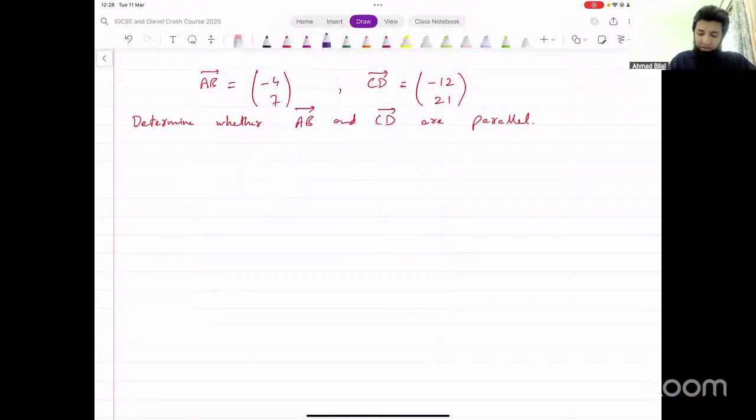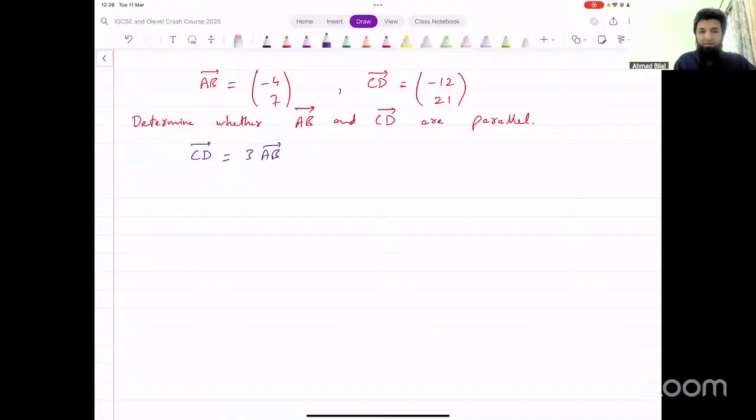So the first one has smaller numbers. Can we multiply it by anything to get the other vector? If I multiply this vector by 3, that will give me 3 times minus 4, which is minus 12, and 3 times 7, that's 21. So yes, I can say that CD vector is equal to 3 times AB.